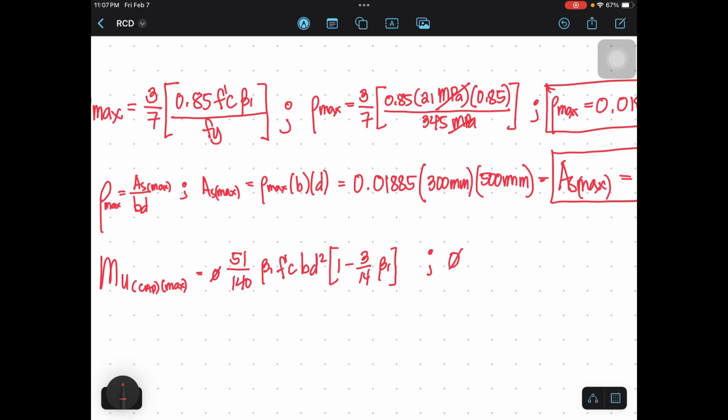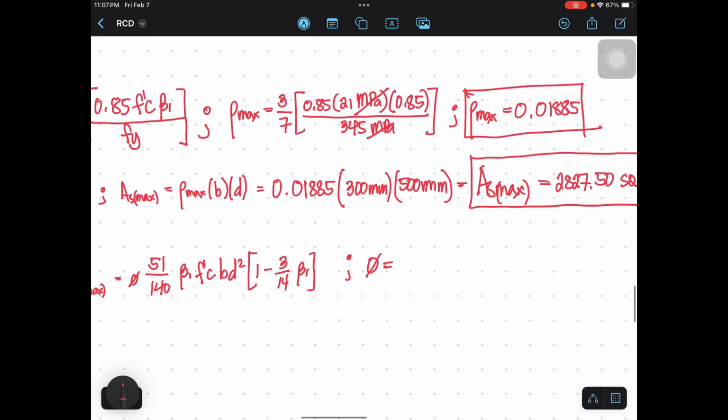So the reduction factor has an equation: 0.65 plus 0.25 quantity Fs minus Fy over 1000 minus Fy.